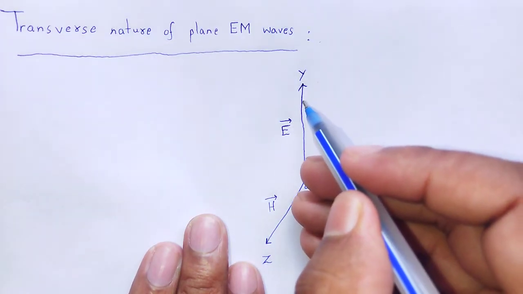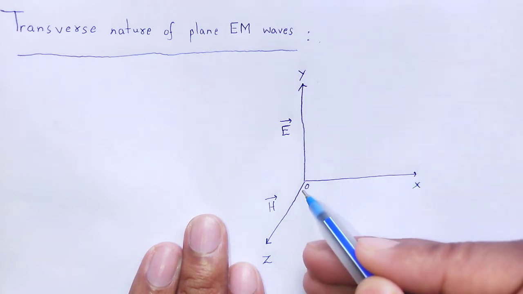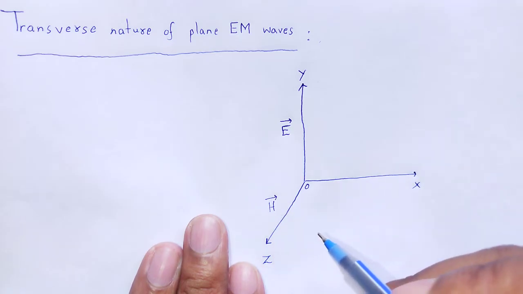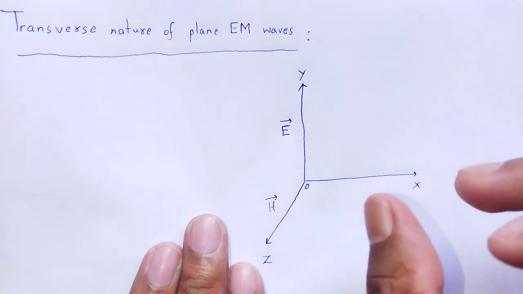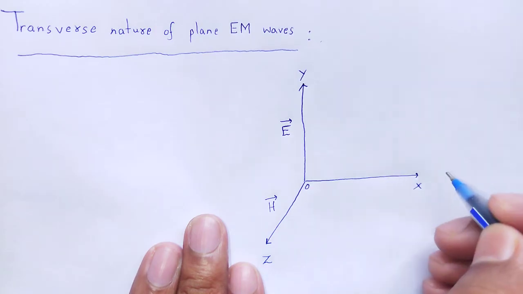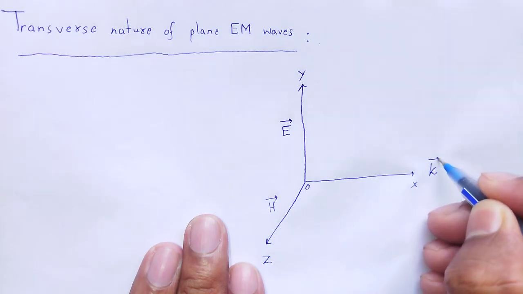Electric field oscillates in the y direction and magnetic field in the z direction. Therefore, the direction of propagation of electromagnetic waves is along the x direction. That direction of propagation we show with the k vector.